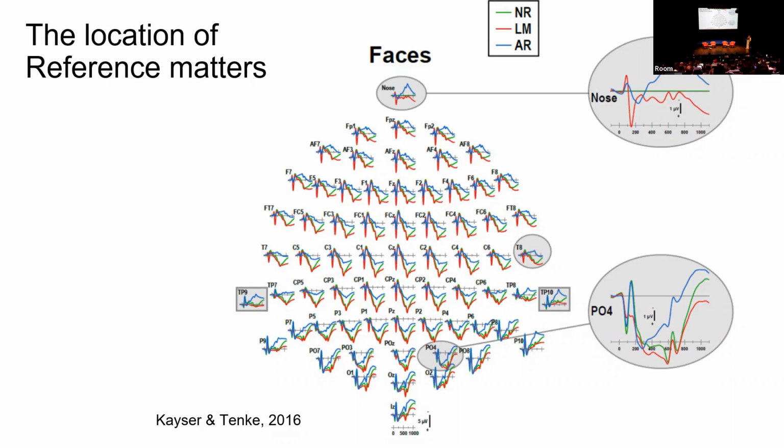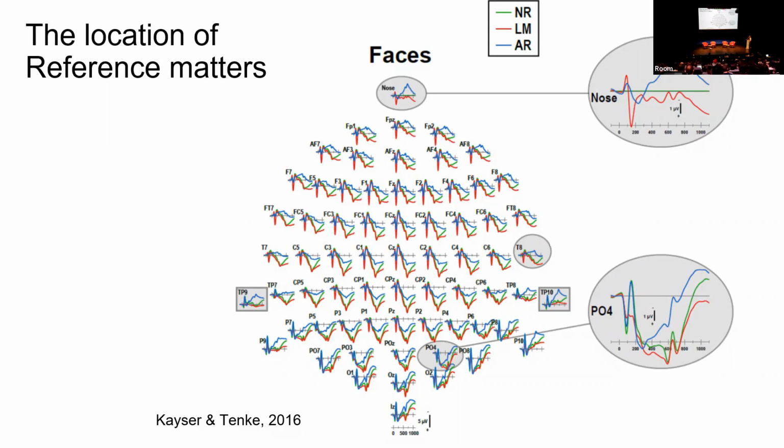This is a study where they compared different ERPs for the presentation of faces, with different references. The green one is the nose reference, the red one is left mastoid, and the blue one is average reference. When the reference is at the nose, of course the signal that you record at the nose is 0, but you have a positive potential for the left mastoid.